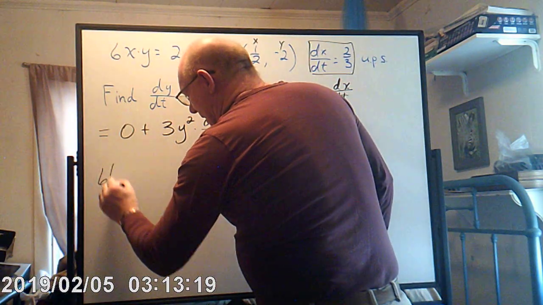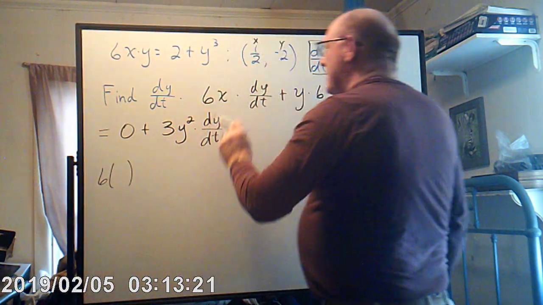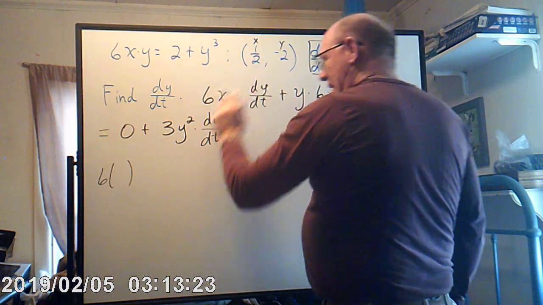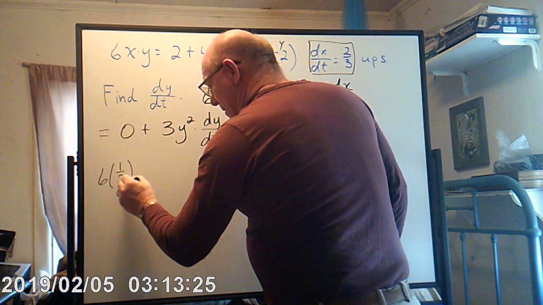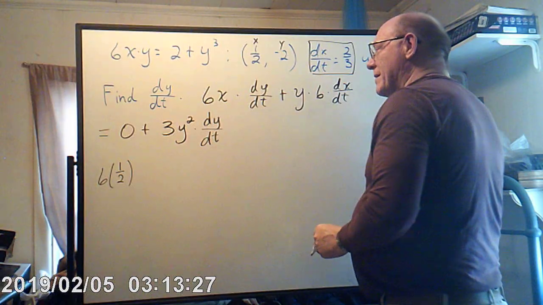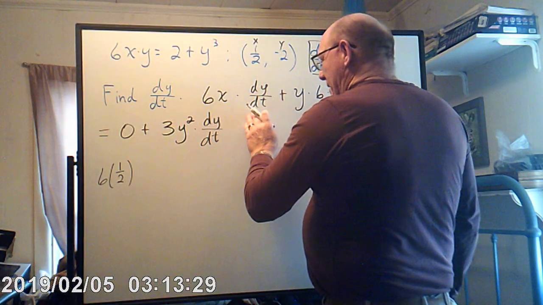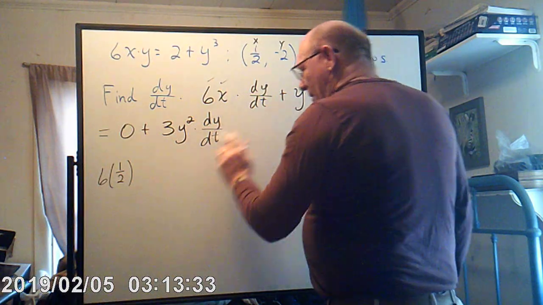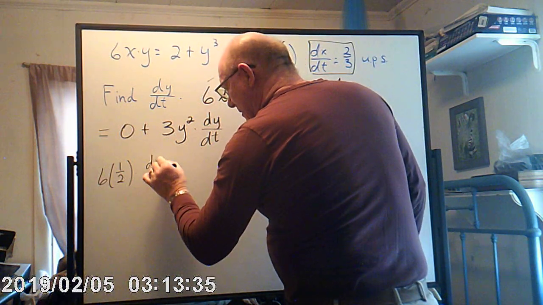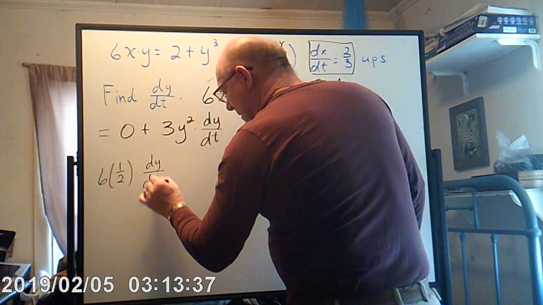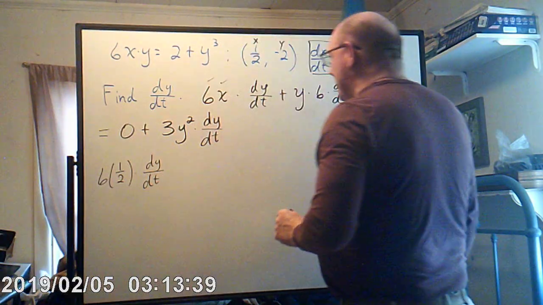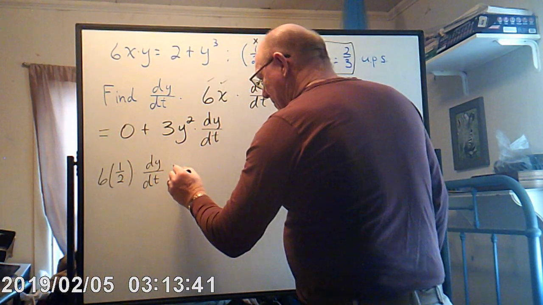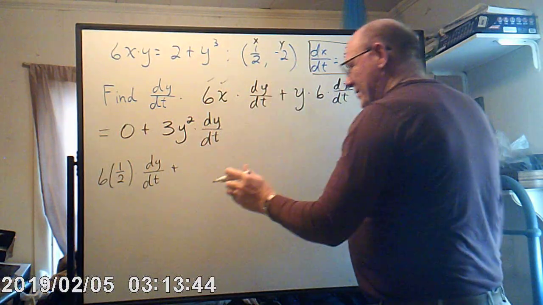6 times x, which is 1/2. Well, we know what 1/2 of 6 is, don't we? Now times, let's just follow everything through, dy over dt. That's what we're looking for, right? Alright, now plus y, but we know what y is, it's -2.